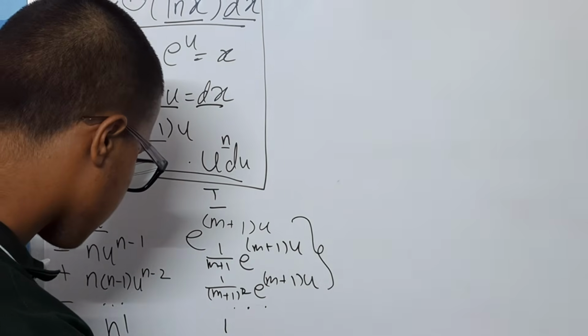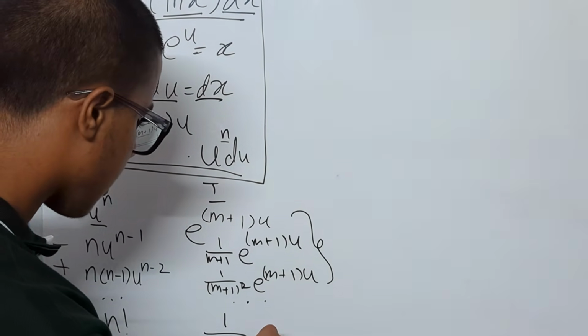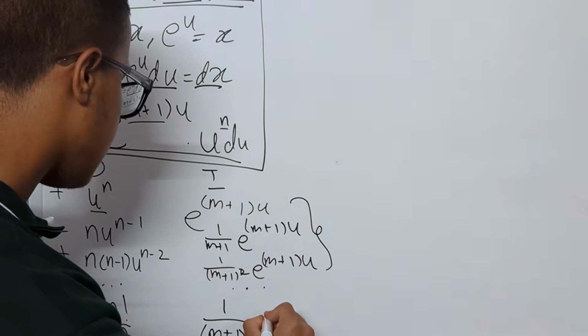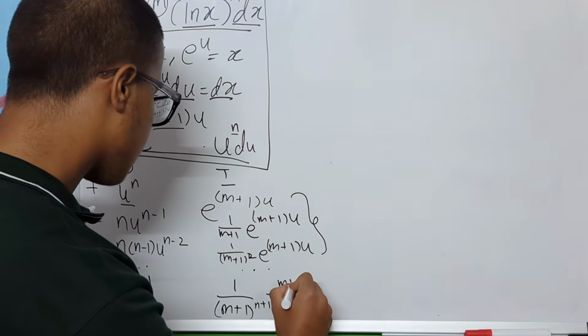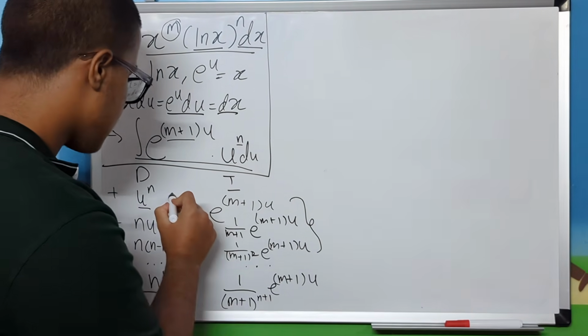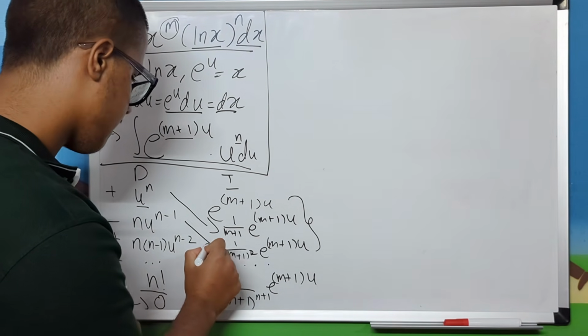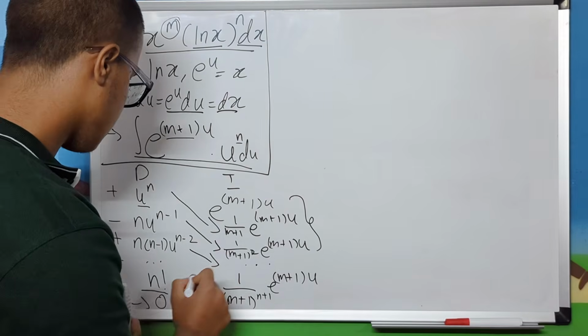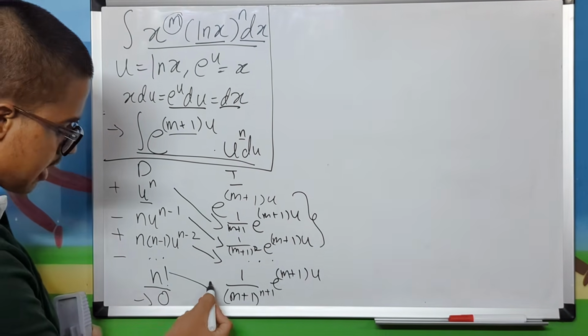The term is 1 over (m plus 1) to the power of n plus 1, times e to the (m plus 1)u. Now we can cross multiply, and this n factorial will multiply with this.